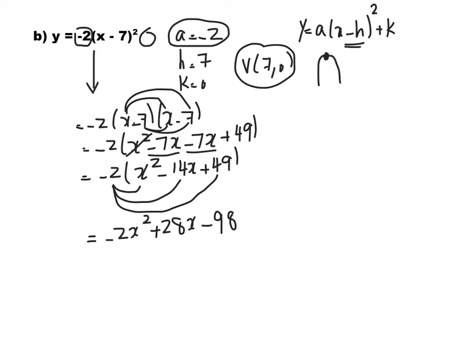So my standard form is negative 2x squared plus 28x minus 98. And my y-intercept is the constant in standard form, which is negative 98. So my y-intercept is 0 and negative 98.